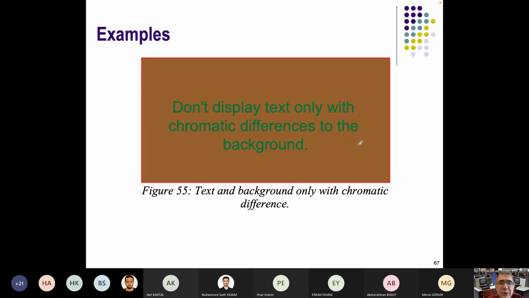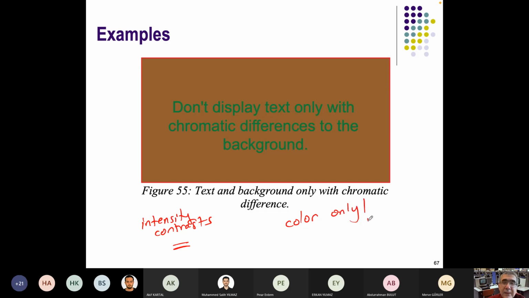Furthermore, let's make things more complicated. Here, intensity contrast is equal, but there is color contrast only.